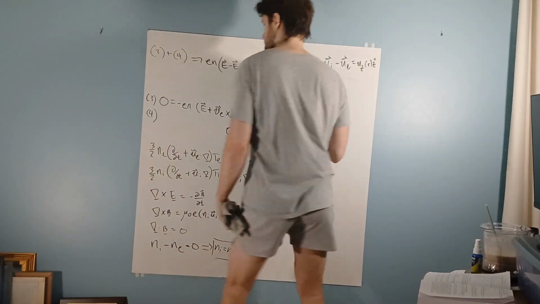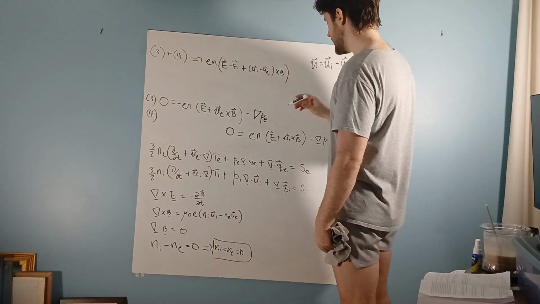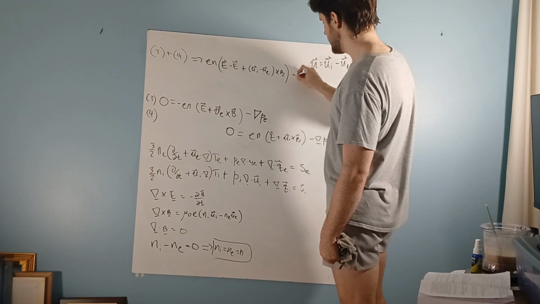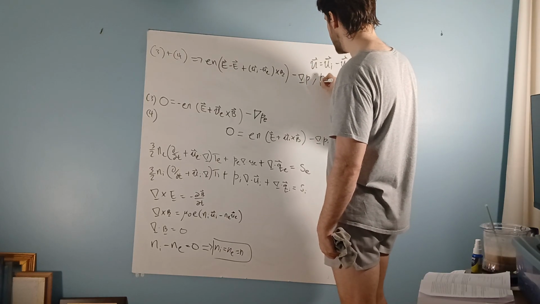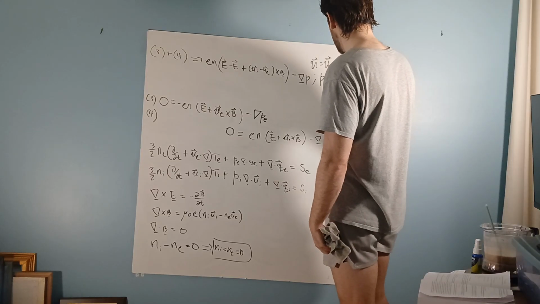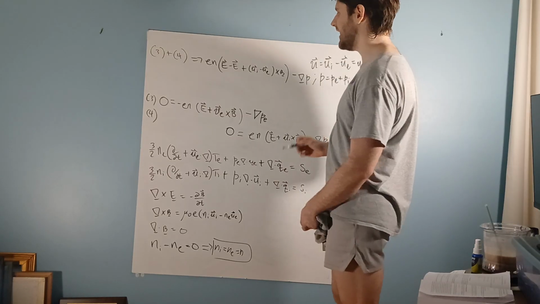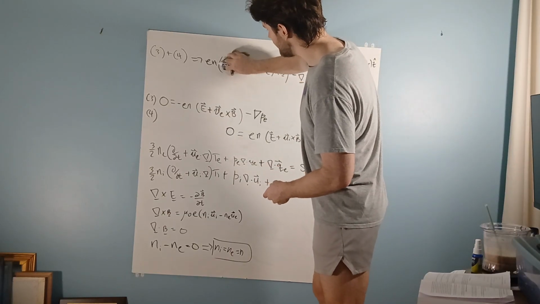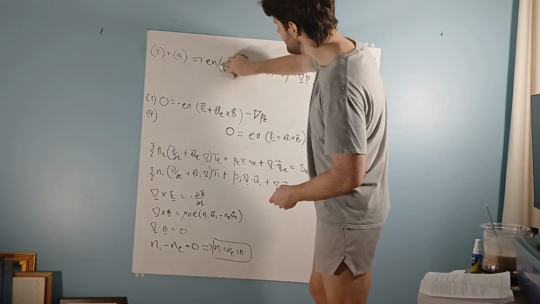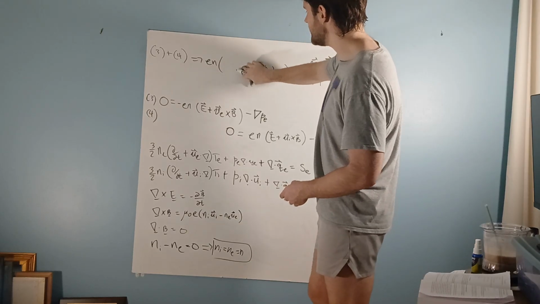And then we have minus grad of the plasma pressure, where P equals P_e plus P_i, okay? So notice these electric fields cancel, which is phenomenal. We love that they cancel. We do not want to deal with those.